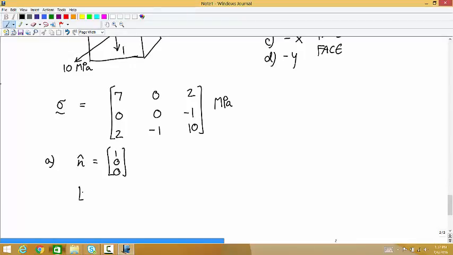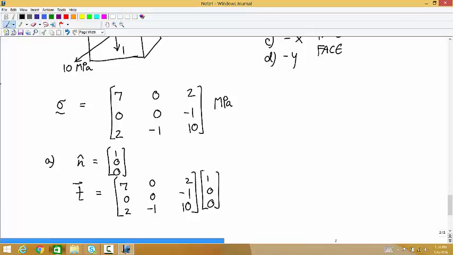And so the traction vector is equal to the stress tensor, 7, 0, 2, 0, 0, negative 1, 2, negative 1, 10, times this outward facing normal, 1, 0, 0, and we get a traction vector that's equal to 7, 0, 2.